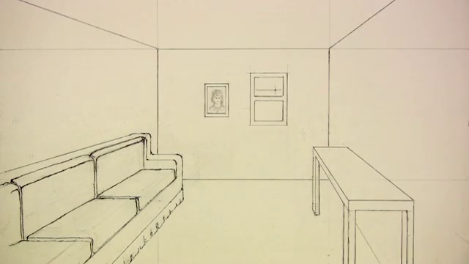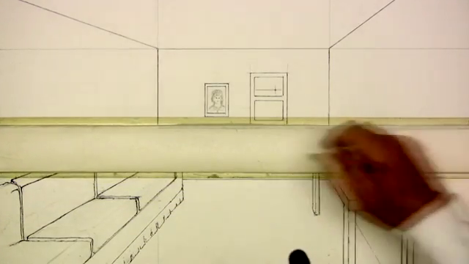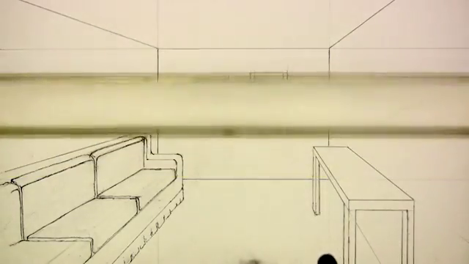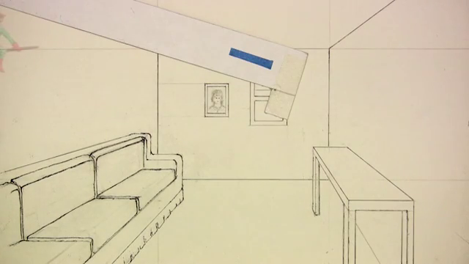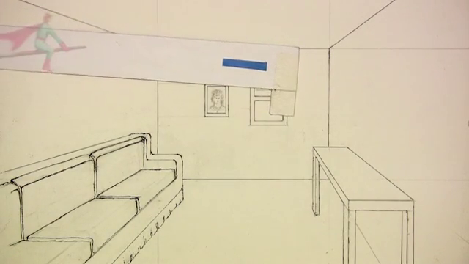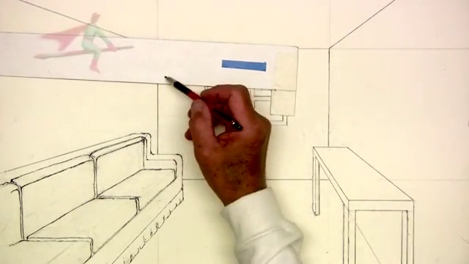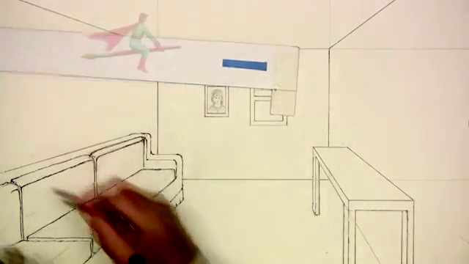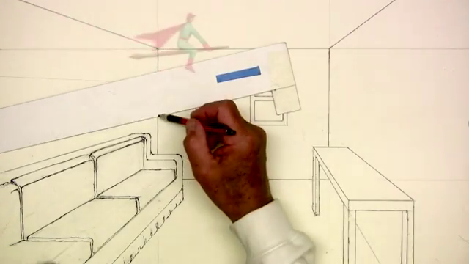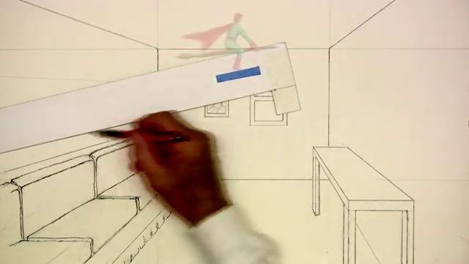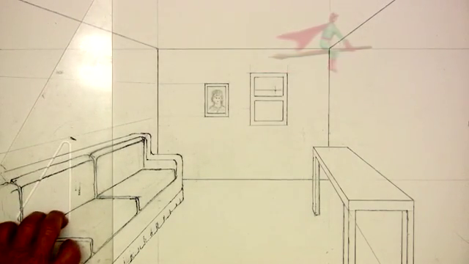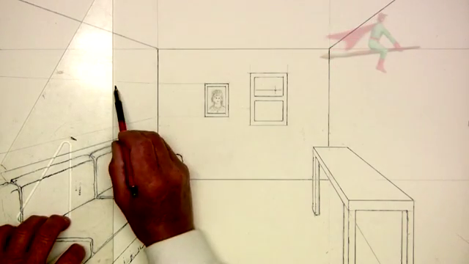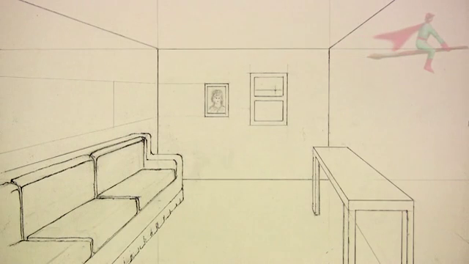So look how easy that is to do. I'm just going to put this out here, this out here, and then we're going to just go from this intersection here where that line meets the corner, and same here, and if we want to decide that the painting is a little shorter than the couch, so it goes here, and it runs out of the picture as well, that's fine.